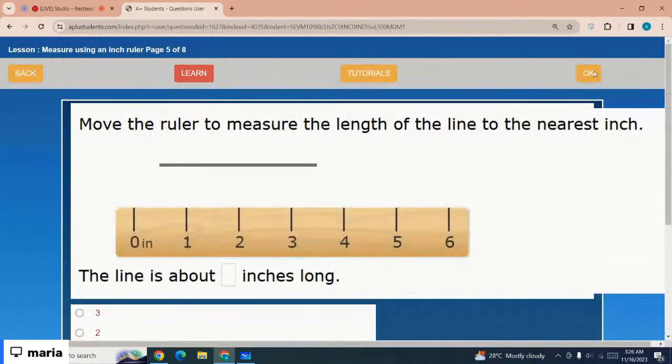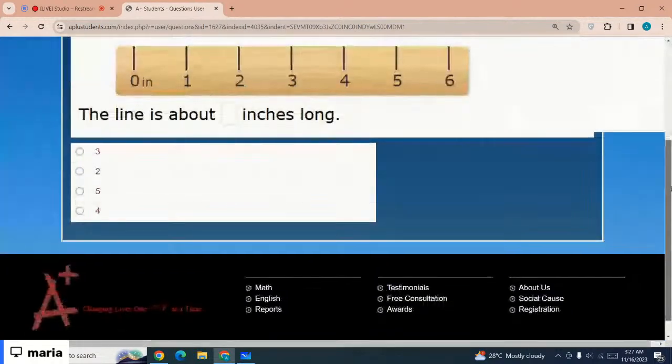The ruler is about, yes, this is again 3 inches long.